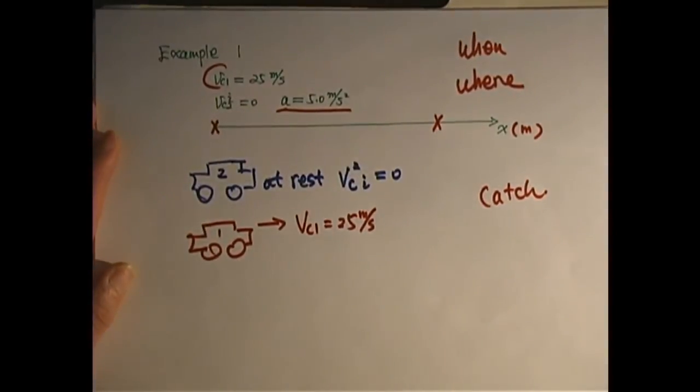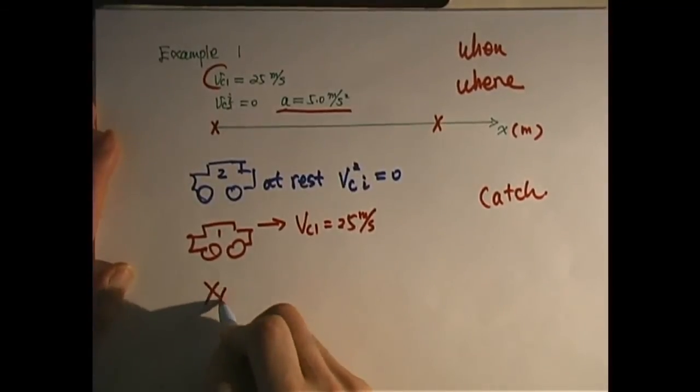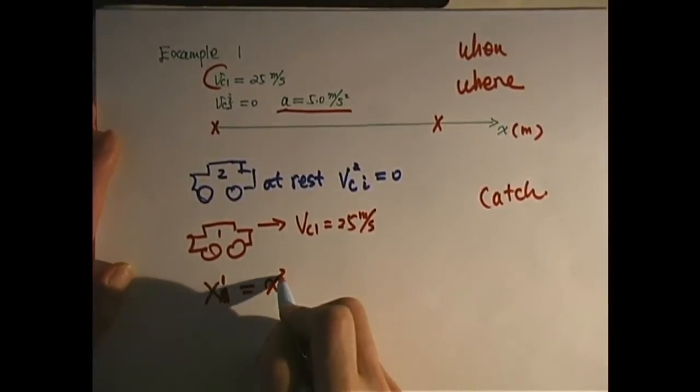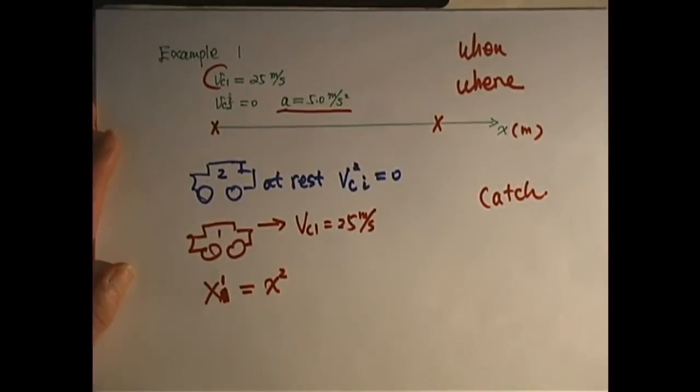Let's assume both cars are just 2 points. We don't worry about the size. So what we're looking for is x of 1 equals x of 2. Because if car 1's position equals car 2's position, then car 2 catches car 1.